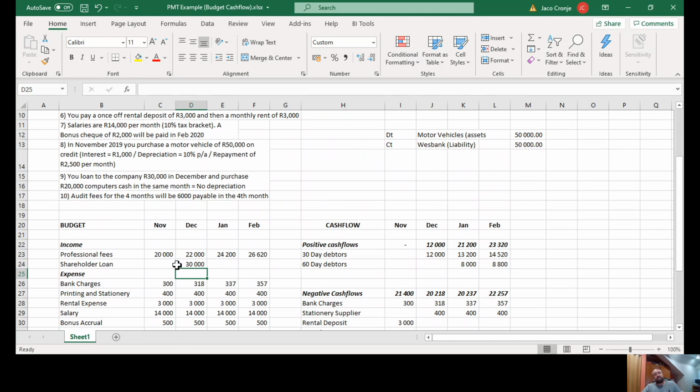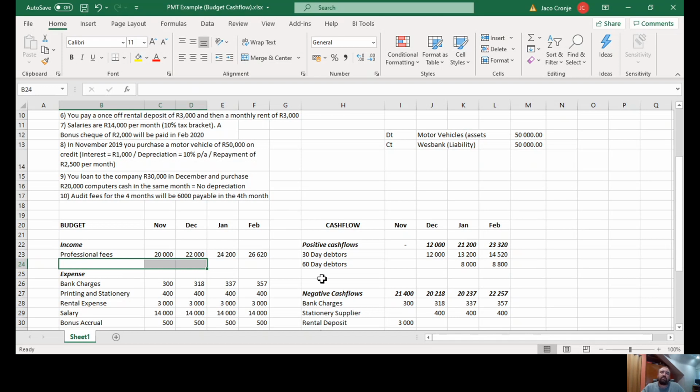And the answer is yes. This is only a loan. So I can't reflect this as income because I can't keep the money. Fees we show as income because I can keep the money after the clients have paid it in. But in this case, the shareholder's loan can definitely not be shown as income.